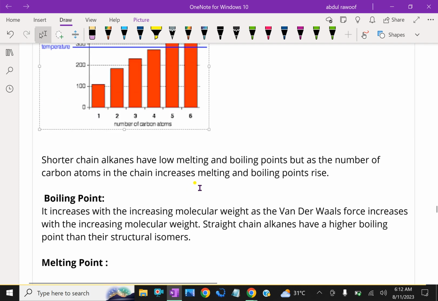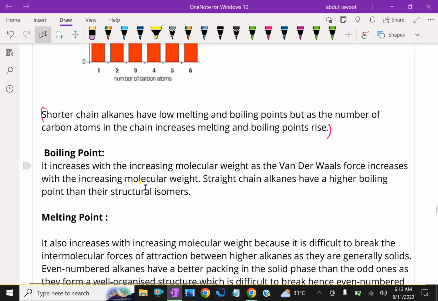Shorter chain alkanes have low melting and boiling points, but as the number of carbon atoms in the chain increases, the melting point rises. Boiling point increases with molecular weight as the van der Waals forces increase with increasing molecular weight.